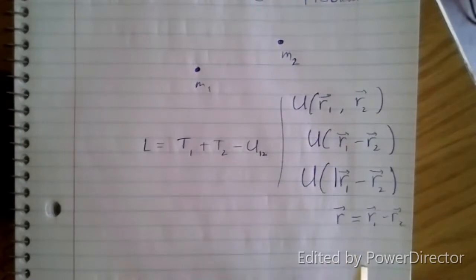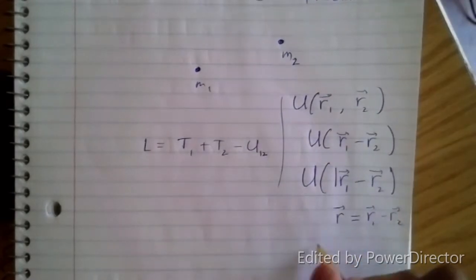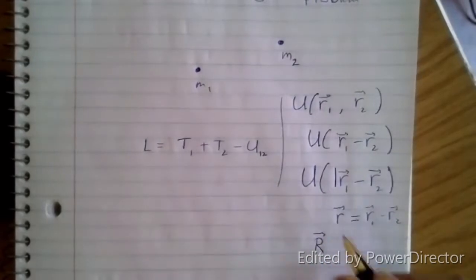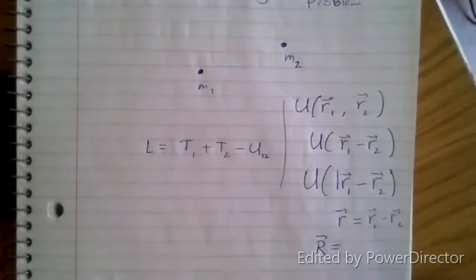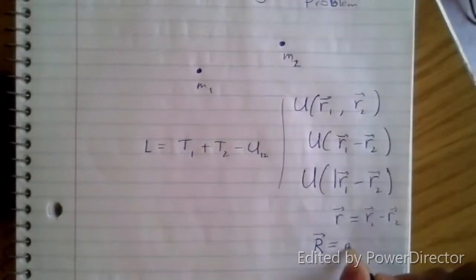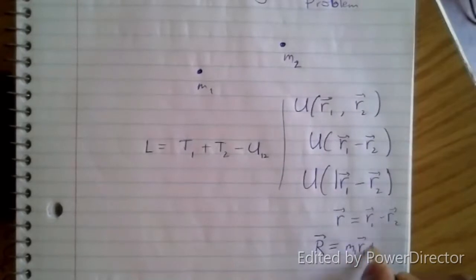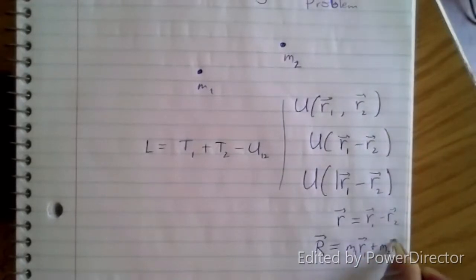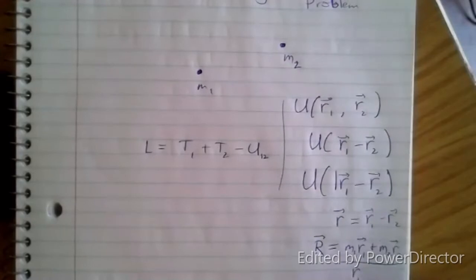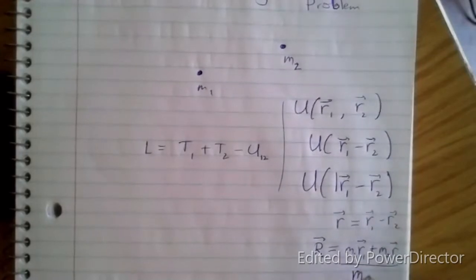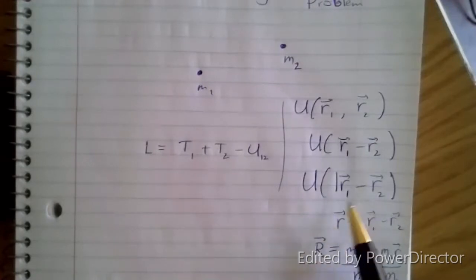And then we need another one, and it turns out that the useful one to use is the position of the center of mass, which, since it's just 2 point masses, we know is M1R1 plus M2R2 over M1 plus M2. So these are our new generalized coordinates.